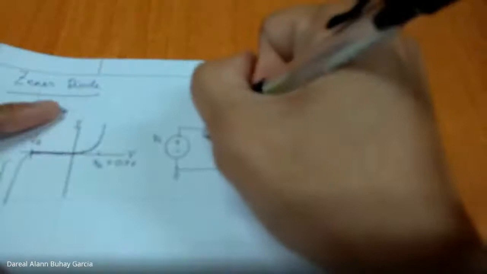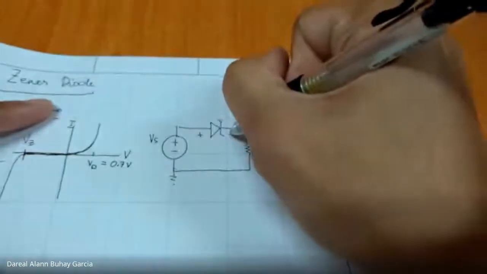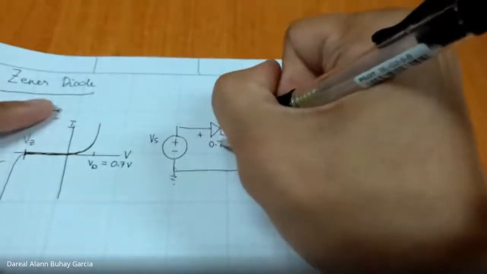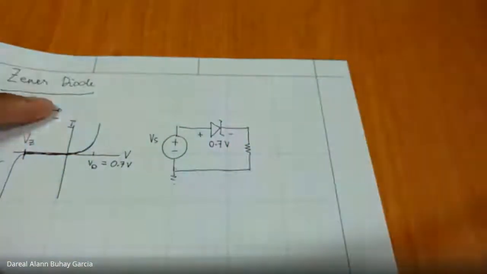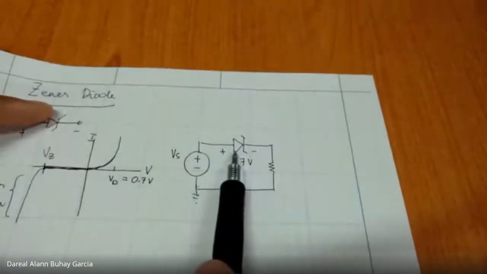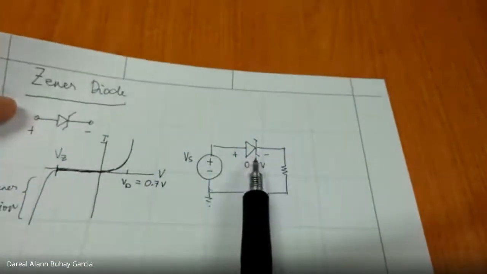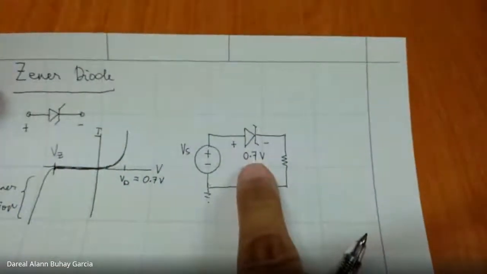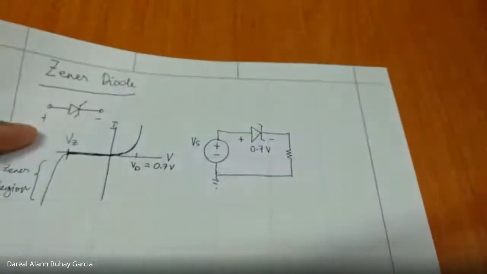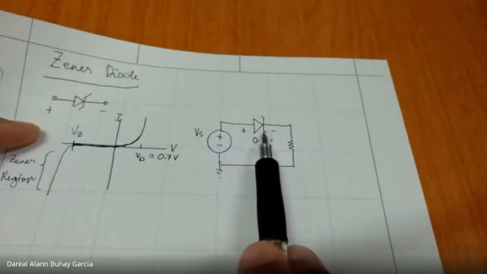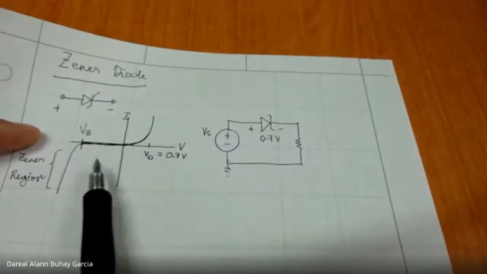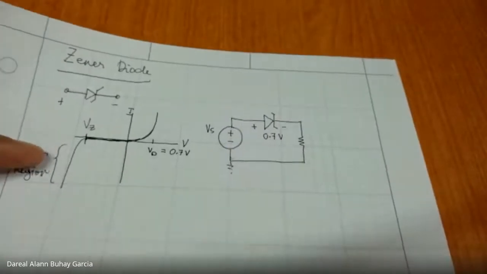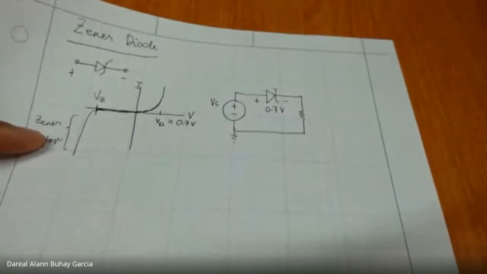If Vs is a relatively large value, the voltage drop across this Zener diode would be the same as for any type of diode, so if silicon, 0.7 again, in its forward bias mode. But if we reverse bias it, it can still be used. So the Zener diode can be used in forward bias and also in reverse bias, unlike the regular junction diode.